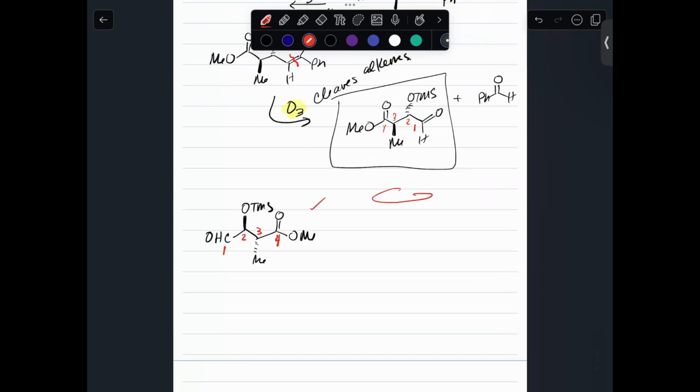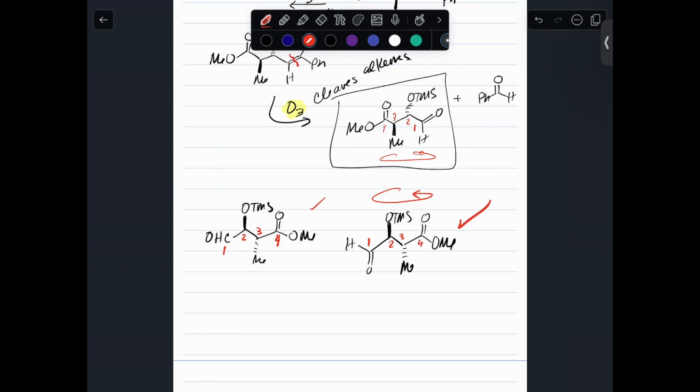So if you flip it over, I can have my aldehyde on the right side, or excuse me, the left side. And my ester on the right side. So all I did was flip this structure over. And I'm done.